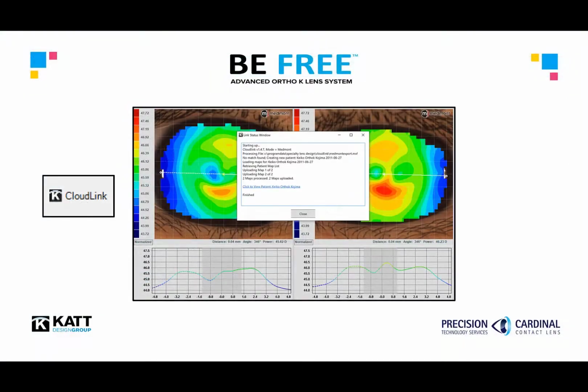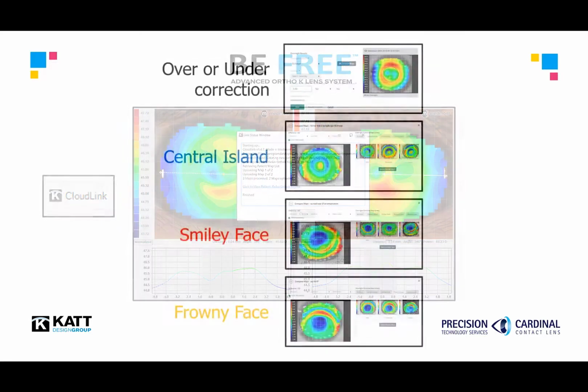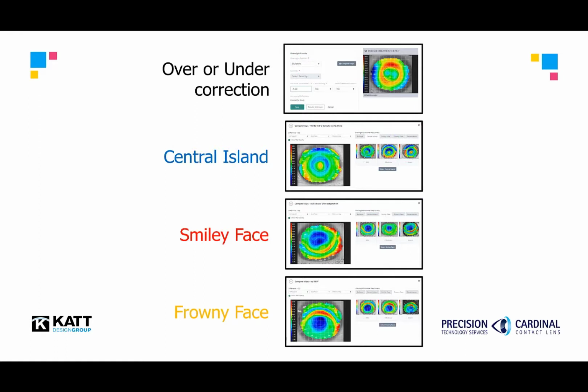The CloudLink tool makes this process of lens modification simple, scientific in approach, and efficient. Begin your post-wear response by selecting the best post-treatment maps and uploading them to the BeFree software using the CloudLink. The BeFree post-wear response options are primarily topographical in presentation.